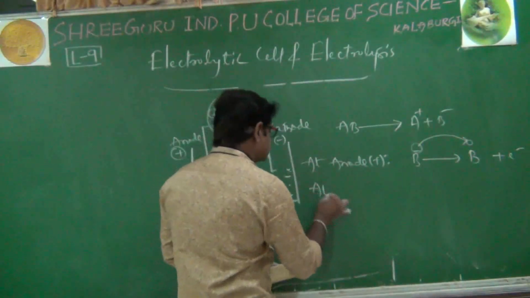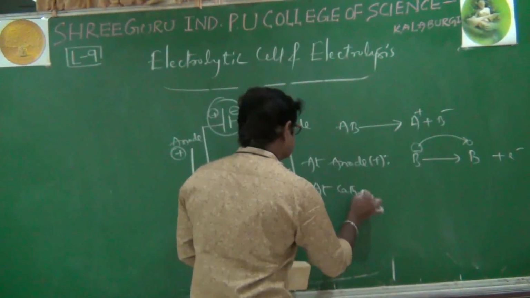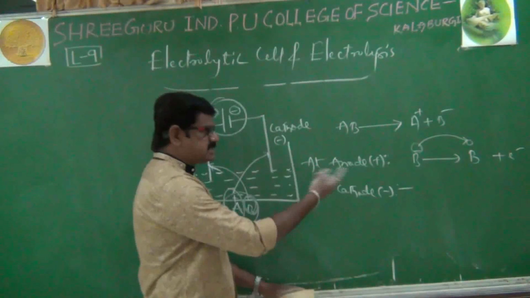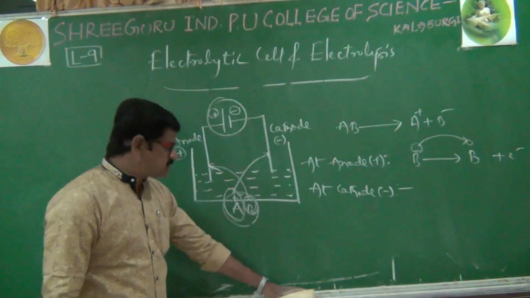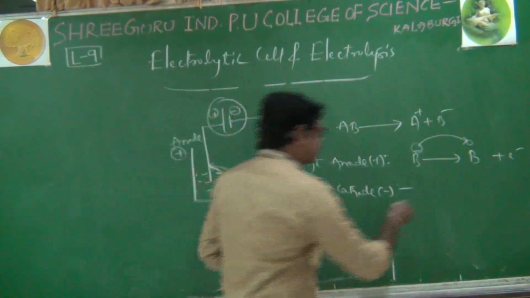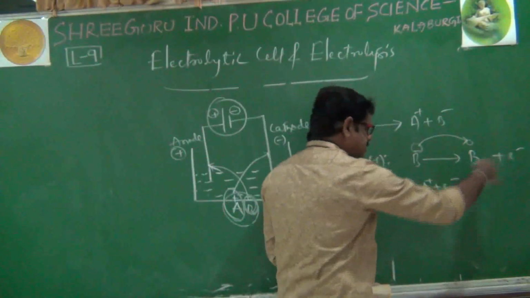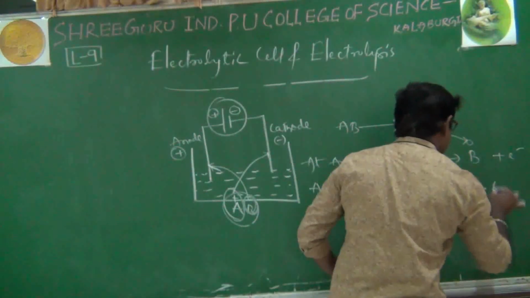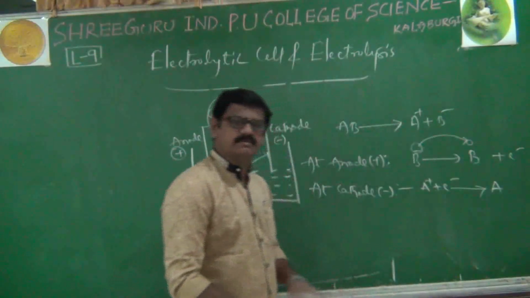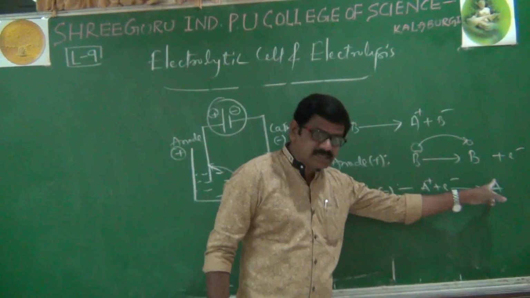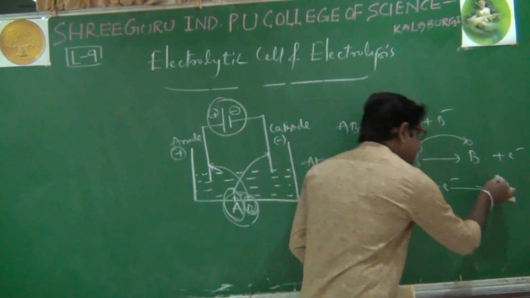Now, at the cathode, reduction takes place. Here A plus ions, by taking electrons, are converted to A. Here A plus converted to A, whose oxidation number is 0.